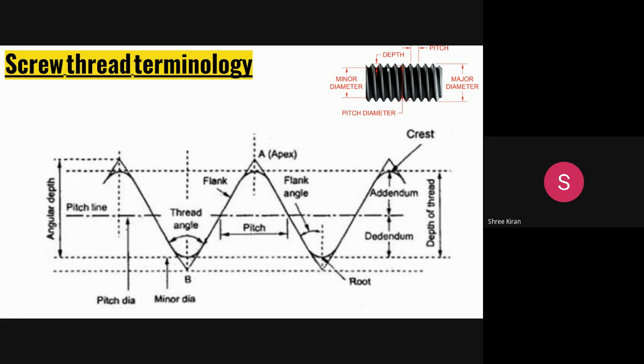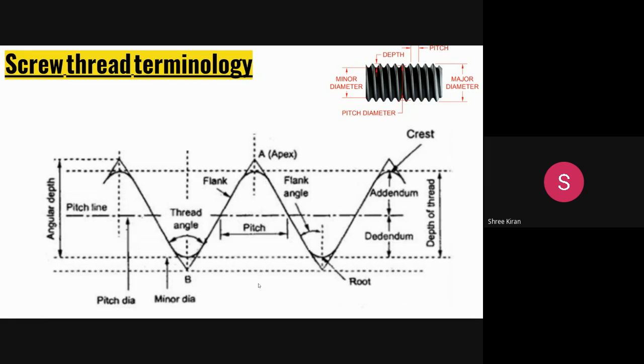The screw thread also acts as a temporary fastener. This is what happens with respect to screw thread terminology. By looking at the figure, this is the main figure to draw, and it gives a very wide explanation.